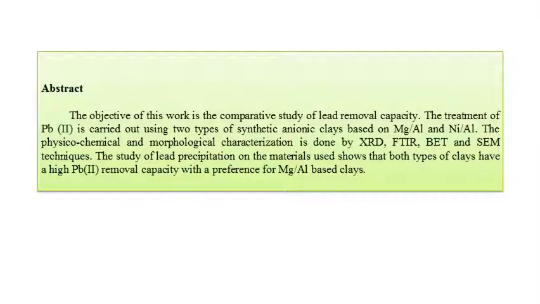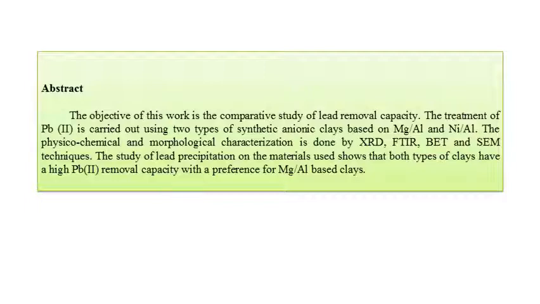Abstract. The objective of this work is the comparative study of lead removal capacity. The treatment of Pb2+ is carried out using two types of synthetic anionic clays based on MgAl and NiAl.